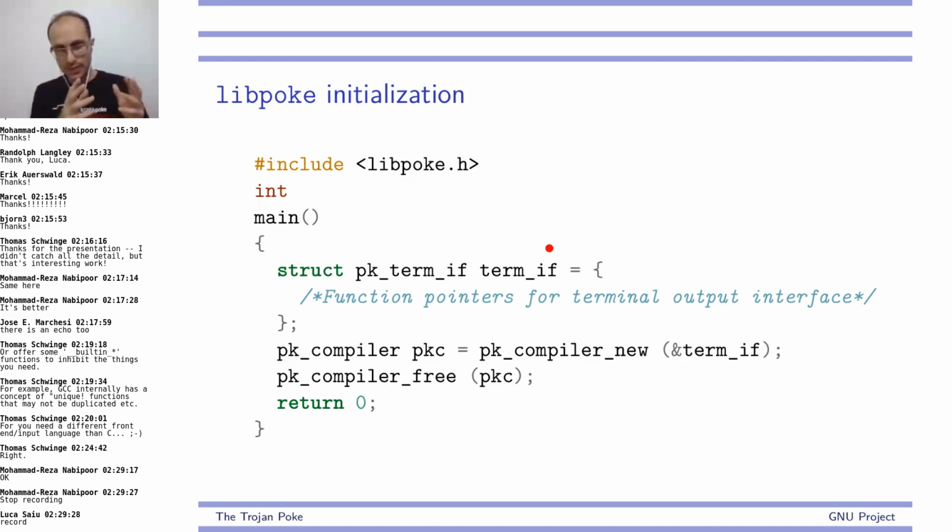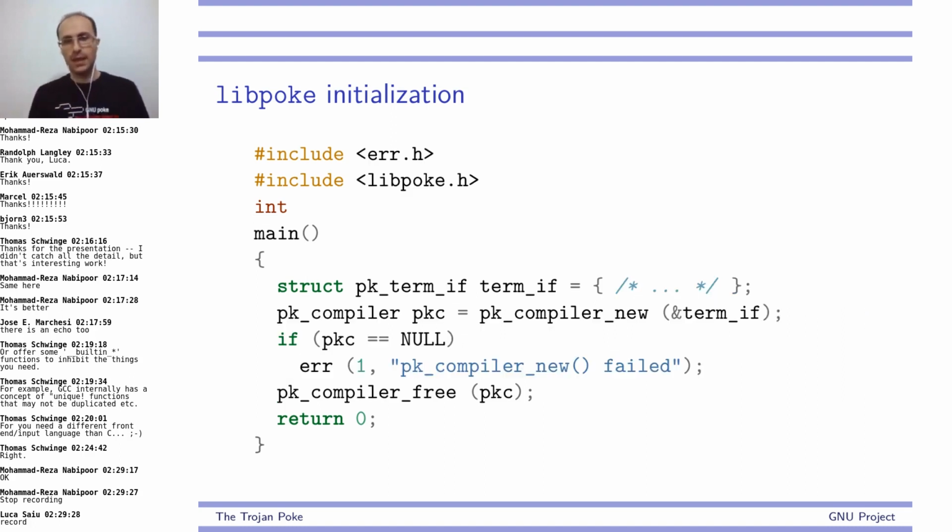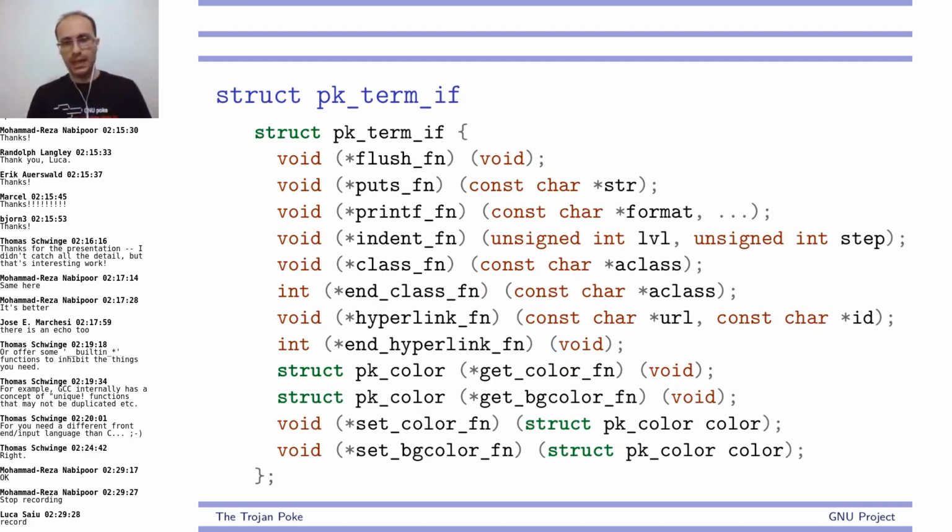All of those things will be given to us using the function pointers we provide with the terminal interface. And the previous code is not completely correct because we didn't have the error handling, so I added the error handling. So this basically initializes and then frees the compiler. And this is the actual structure for pk_term_if.